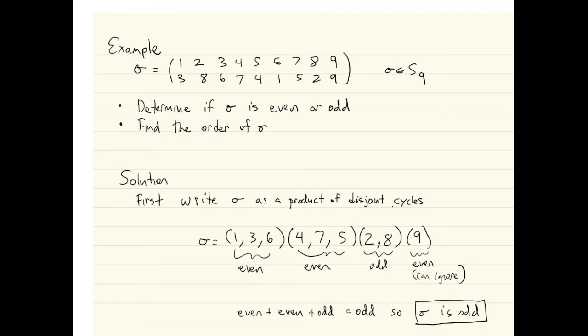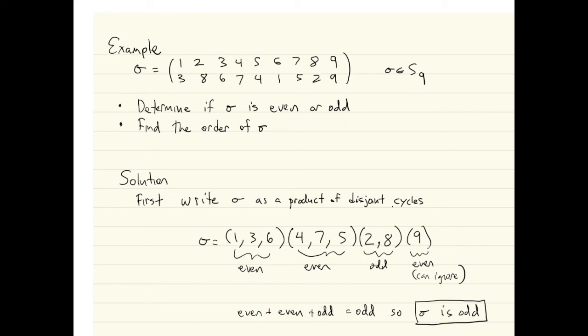So then we have to figure out, is sigma even or odd? Well, this cycle here is a product of an even number of transpositions. This is a product of an even number, and then this is a product of an odd number. And so in total, sigma can be written as a product of an even plus an odd number of transpositions. And so when you add up these things, you get an odd number.